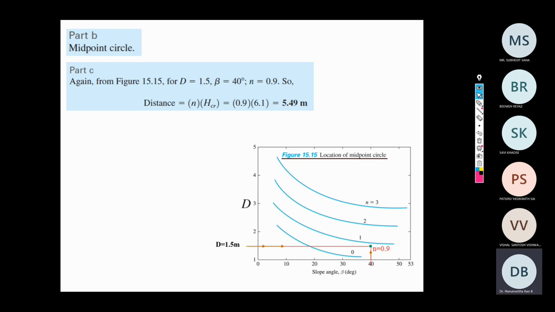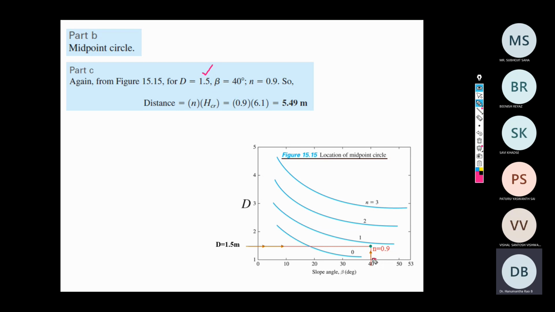Okay, so now go to part 3. Here d is equal to 1.5 that we have already calculated. Beta is 40 and n is 0.9. So to determine the distance d from the toe, you need to use another predefined correlation, that is d versus slope angle beta.